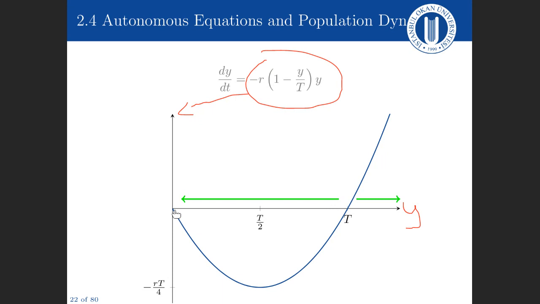So we start at 0 and go to infinity. At 0, there's only one green arrow and it's pointing towards it, so this must be asymptotically stable. At T, both of the arrows are pointing away, so this must be unstable.